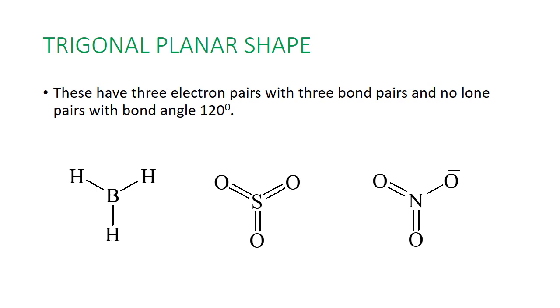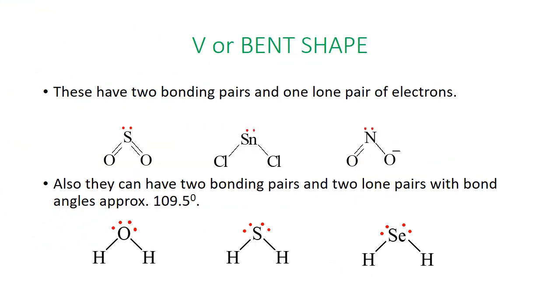The moment we see only three bonding pairs around the central atom, the shape which is attained is trigonal planar. Next we are going to look at the bent shape, whereby these can have two bonding pairs and one lone pair of electrons. Examples are sulfur dioxide, tin chloride, nitrite ion, and so on.